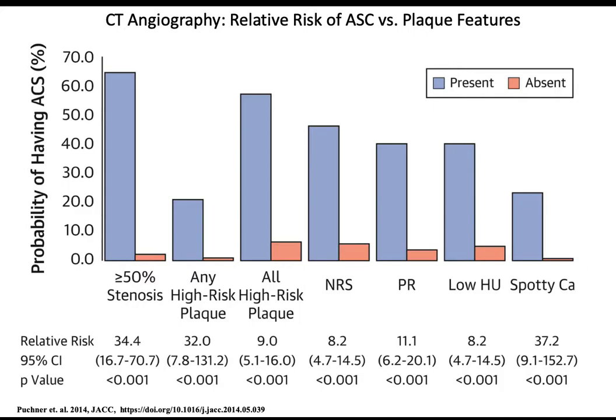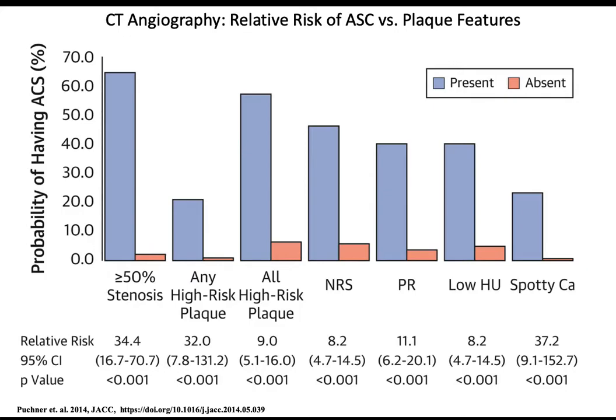Yeah, so this is the relative risk. Let's say you have 10,000 people, and 500 of them had an acute coronary event over some period of time, say 5 years. Now you go back and look at their CT scans and ask who of those people had a stenosis and who didn't, and they distribute themselves like this.